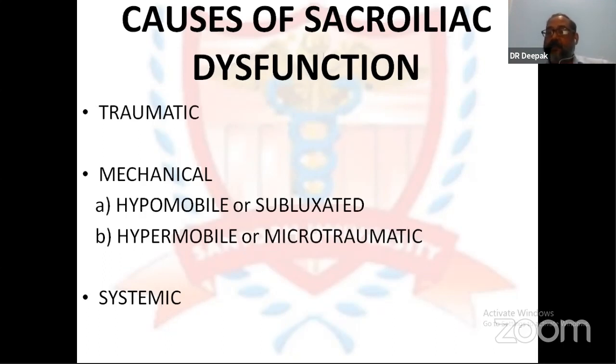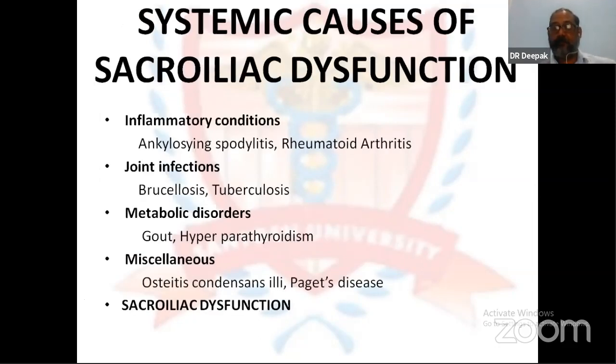The subluxation is a different thing. In hypomobility, the joint is subluxated in another manner. It's not a real subluxation. It's a very minute subluxation which is not visible in the X-ray. If you are an expert in the special tests, then you can diagnose this hypomobility and find this subluxation. So don't confuse the term with subluxations.